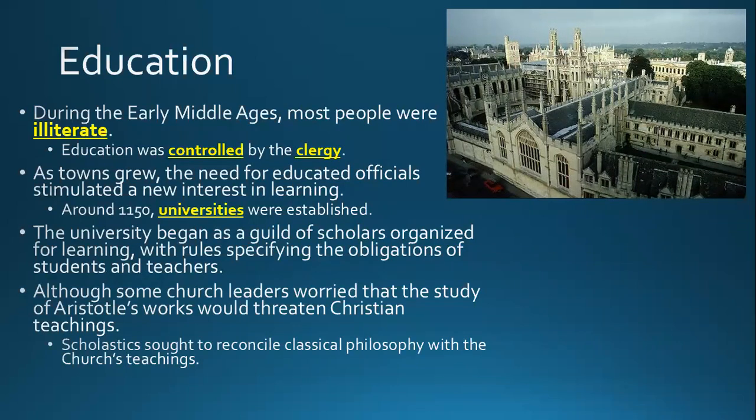As towns are growing, we need more people being educated for running these towns that are popping up all over the place. So we get a new interest in it. In roughly 1150, universities start to be put in place to educate the ruling classes.